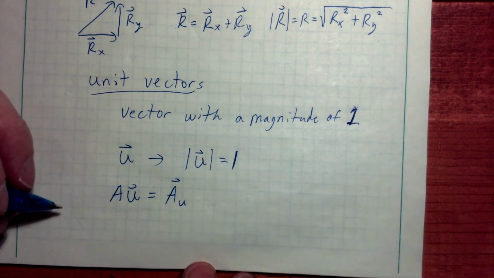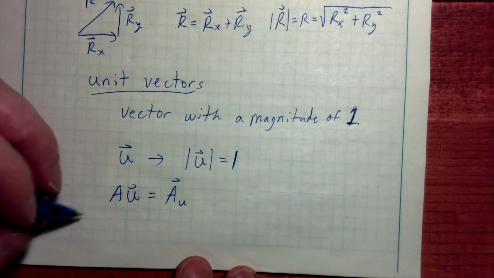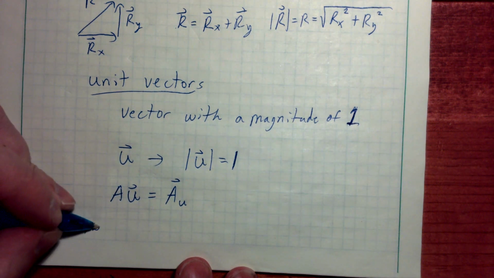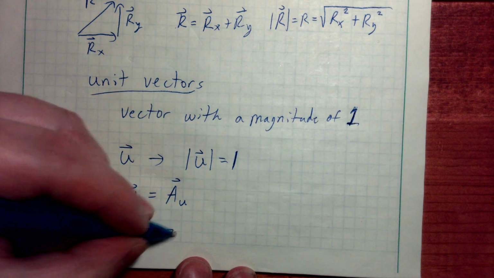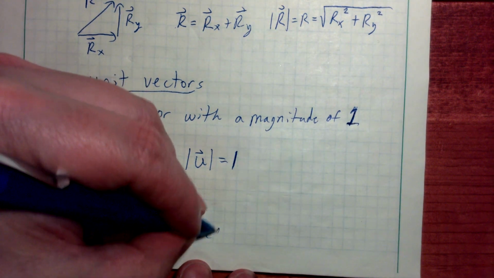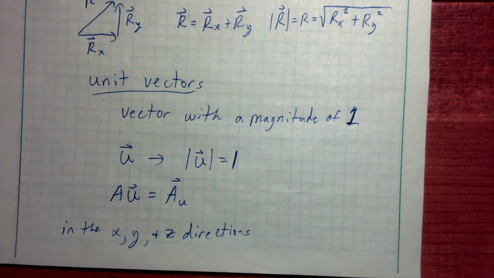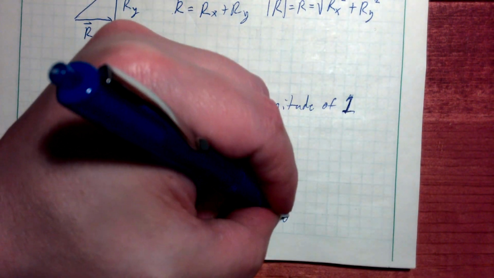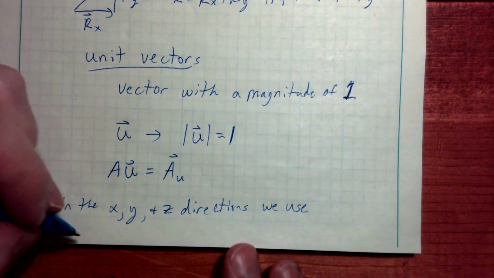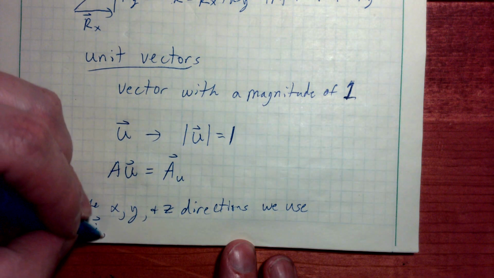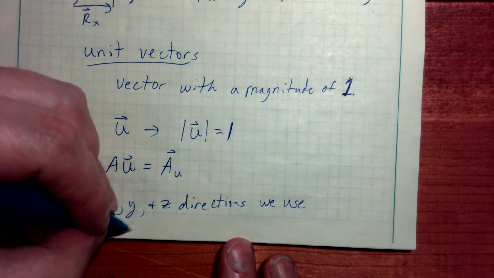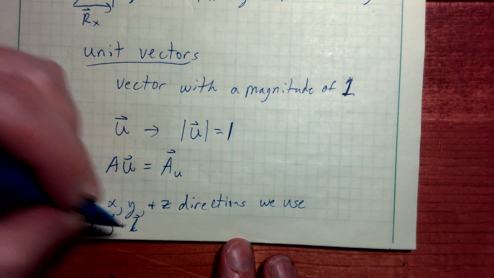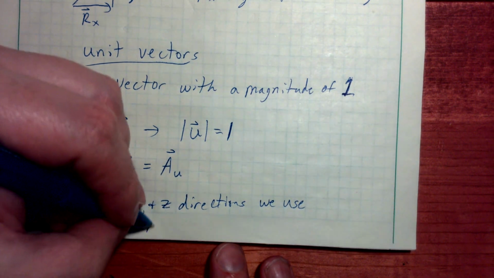Now, where this really comes in handy is in the x, y, and z directions. We use the i unit vector, the j unit vector, and the k unit vector, respectively.